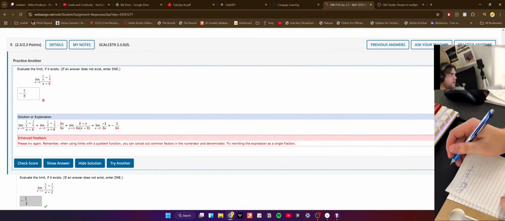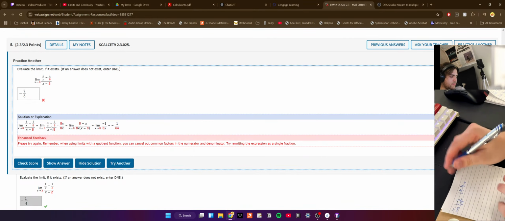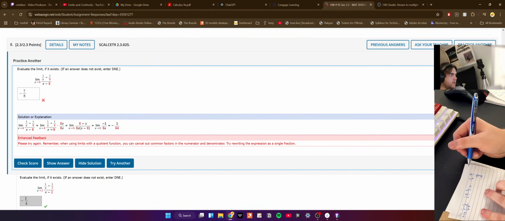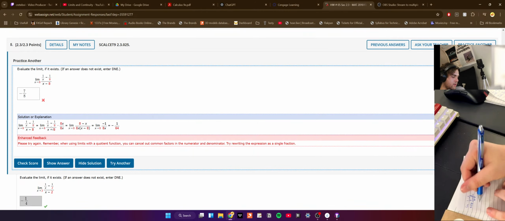Fine, no problem. Negative 1 over 8 times 8x over 1, you get negative 8x over 8, which gives you negative x. Okay, clear. Now we're going to take the bottom, x minus 8 multiplied by 8x.